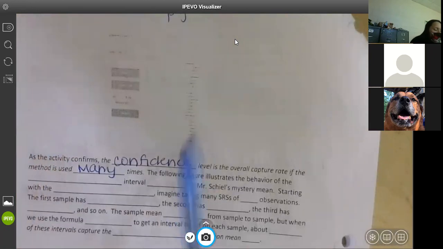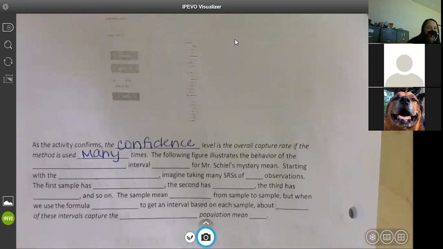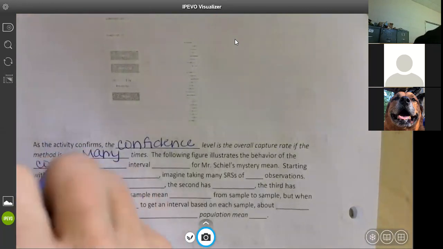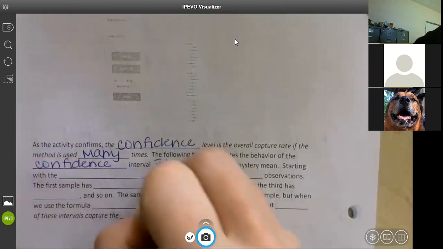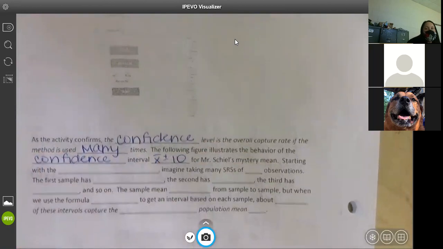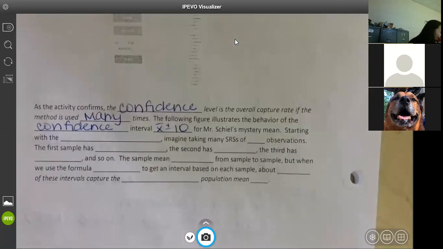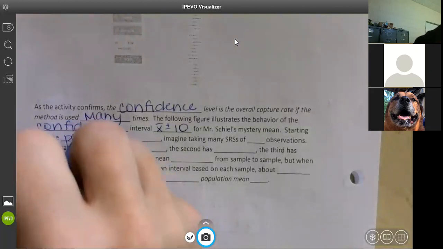So what they did is they did a bunch of them, okay? The following figure illustrates the behavior of the confidence interval of X bar plus or minus 10 for his class, for his mystery mean. Starting with the population.